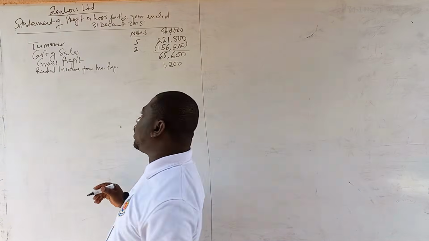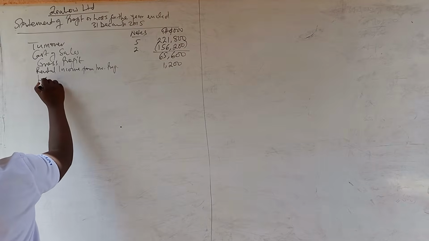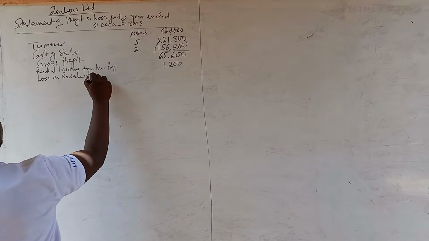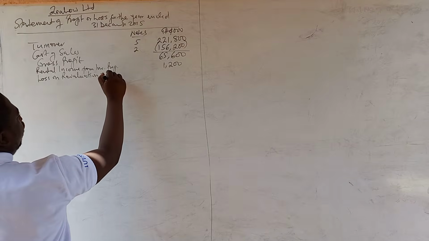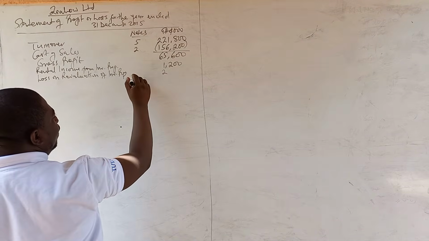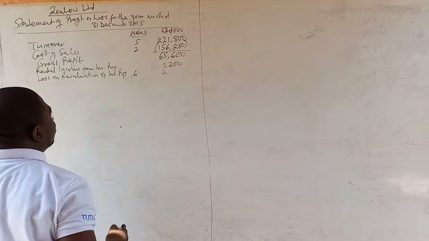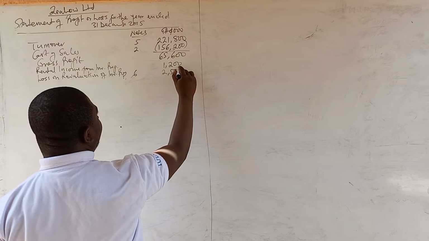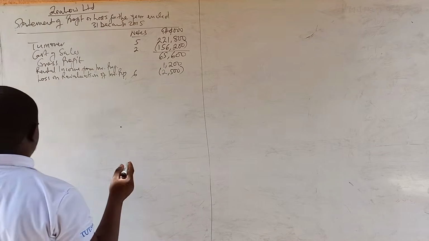So the loss on the revaluation should come here. So loss on revaluation of investment property. That was from working 6. And then we had that to be 2,500. So we put it in brackets because it's a loss.